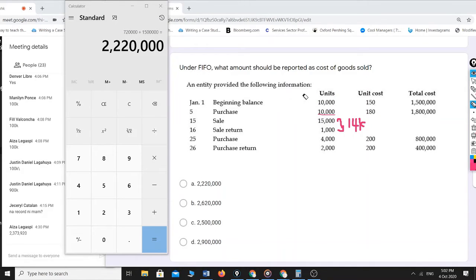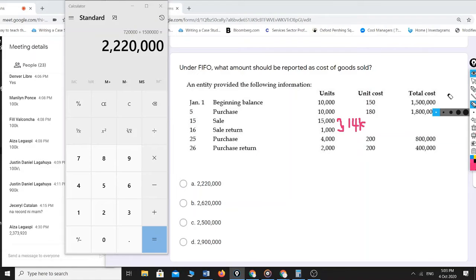Okay? So, let's check pila ang available units na pwede baligya sa company. We have the beginning balance 10,000. Yung nag-purchase pa siya 10,000. Yung nakabaligya siya 15,000. Pero out sa 15,000, naigiuli nga 1,000.